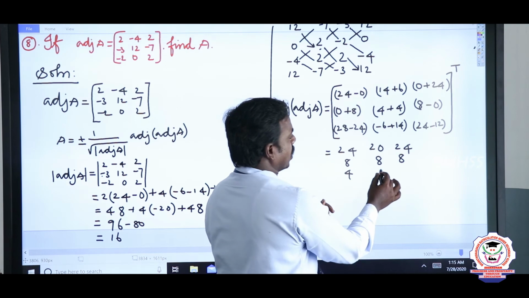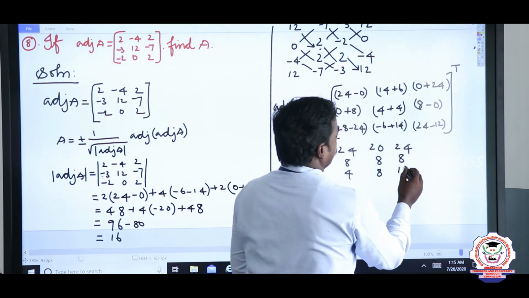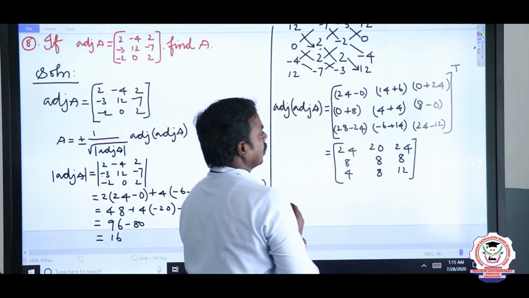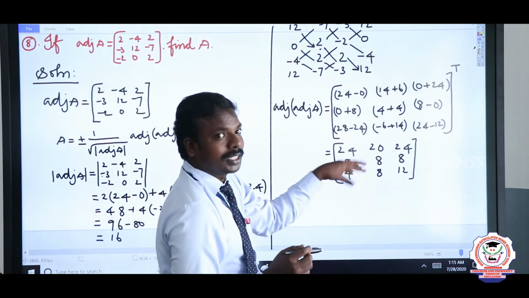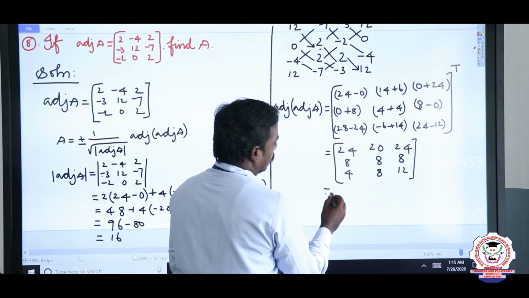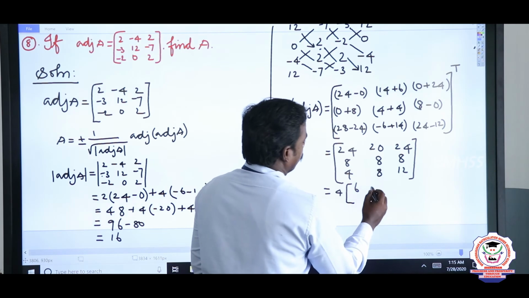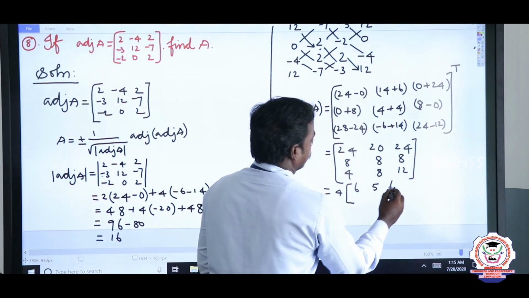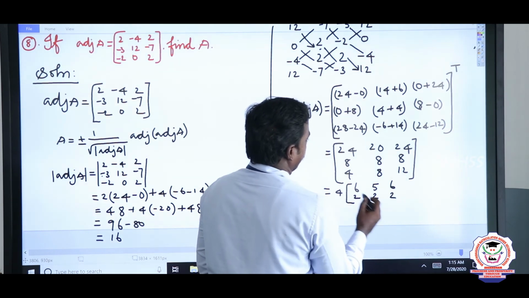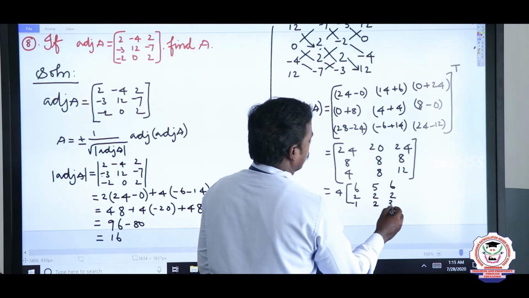So plus 8 should come, listen, 24 minus 12 plus 12. Listen, here 4 is common in all rows, so I want to take out that 4. If I take out 4, 4 into 6 4s are 24, so 6, 5 4s are 20, 5, 2, 2, 2, the last row 1, 2, 3 4s are 12.